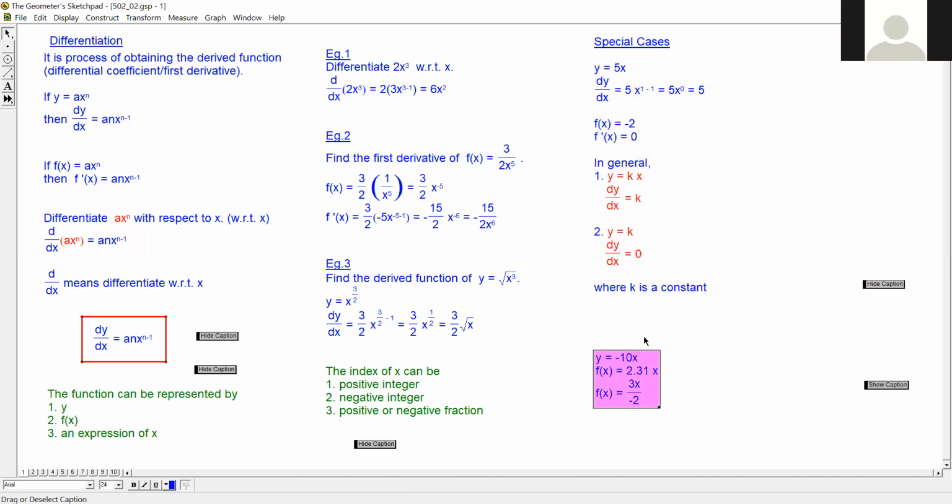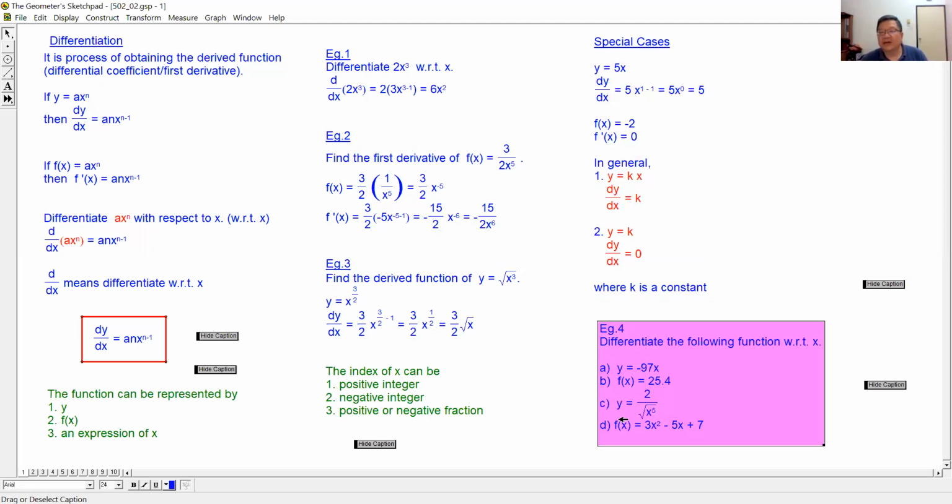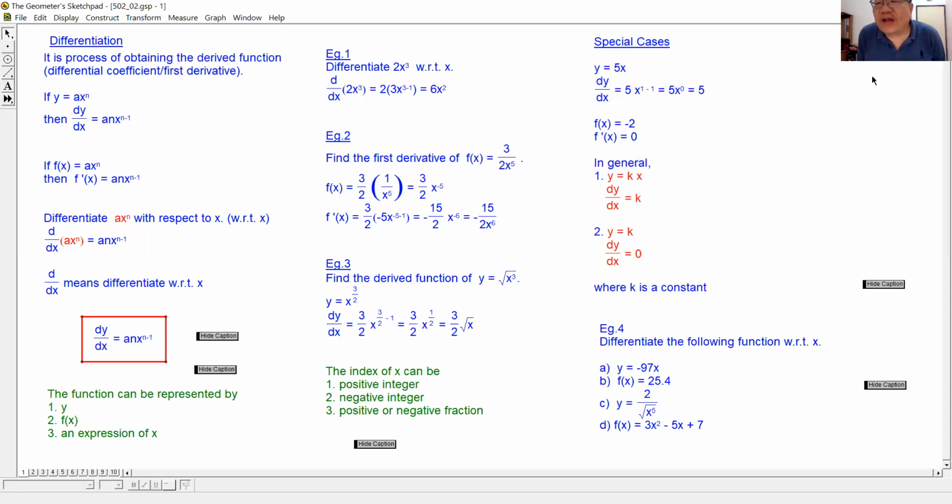Okay, now you try to do this and see. I give you 5 minutes to do this, and you tell me your answer. This one you just differentiate one by one. After that you tell me the answer.